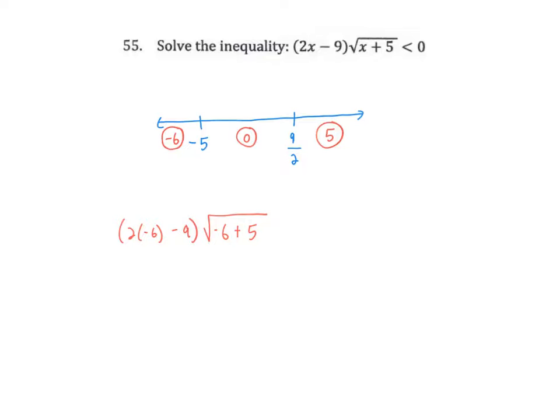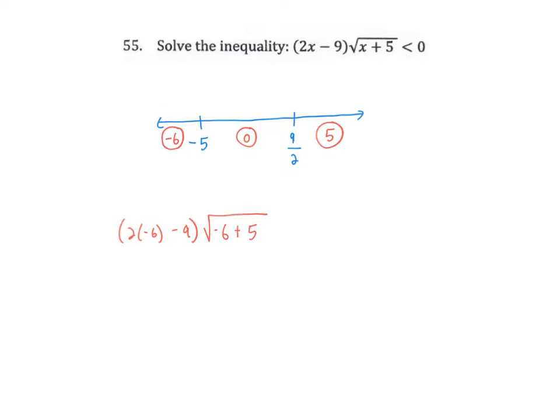You can see we don't have to do too much work, because if you plug in -6, the thing inside the square root will become a -1, and since you can't take the square root of a negative, this is undefined. So if -6 is undefined, then any number in this region less than -5 will be undefined.